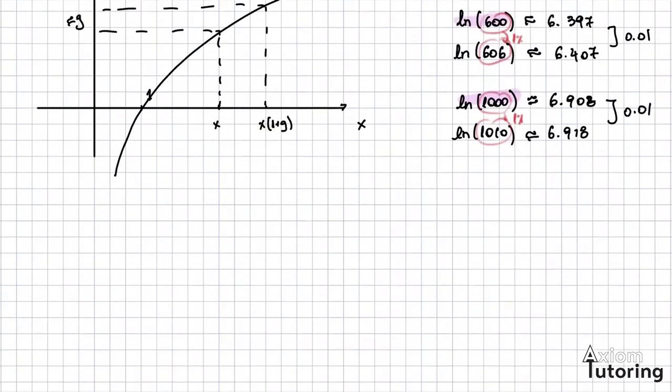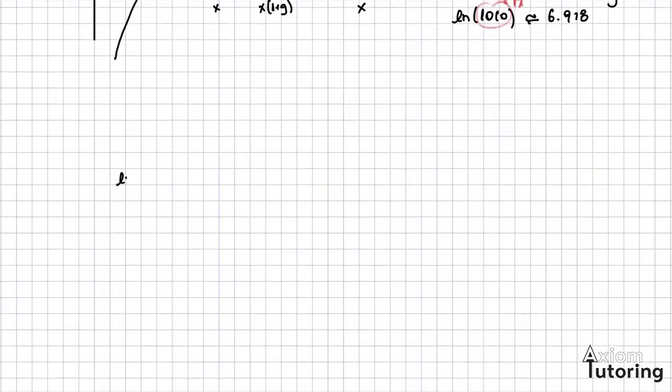So mathematically, we would write that ln of x times 1 plus g is equal to, using the ln properties, ln of x plus ln of 1 plus g.